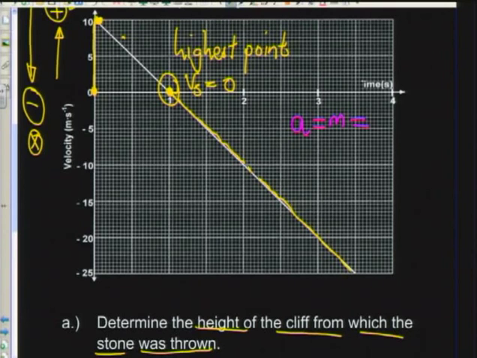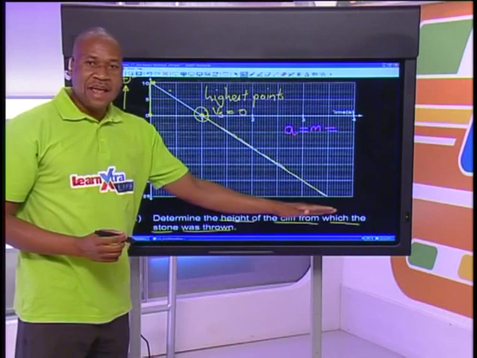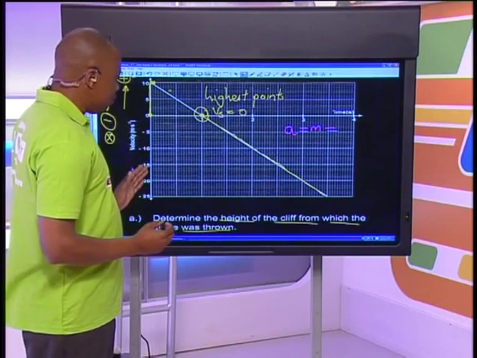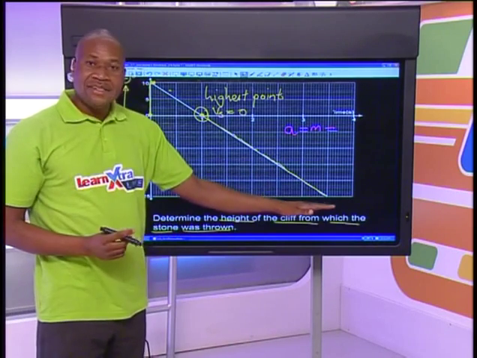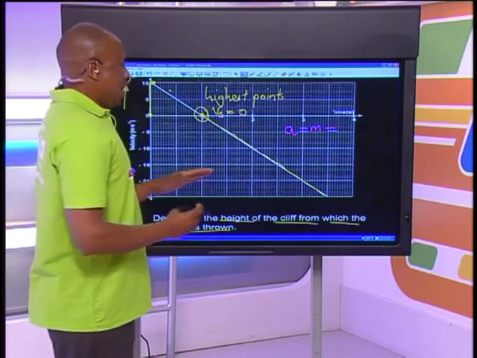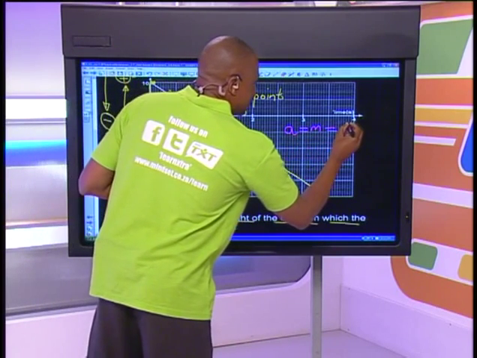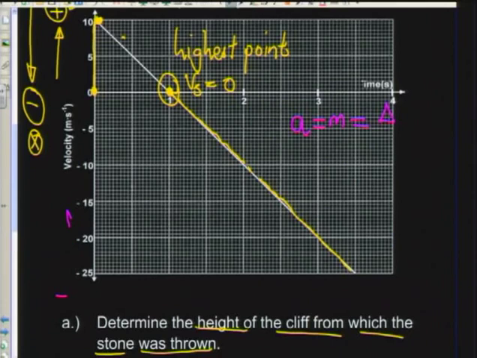If you look at this graph, it is a graph of velocity versus time. On your vertical axis, you've got velocity, and on your horizontal axis, you've got time. So the gradient of that graph will be the change in the vertical, which is the change in velocity, divided by the change in time, which is the change in the horizontal. Down here, we've got time in seconds.